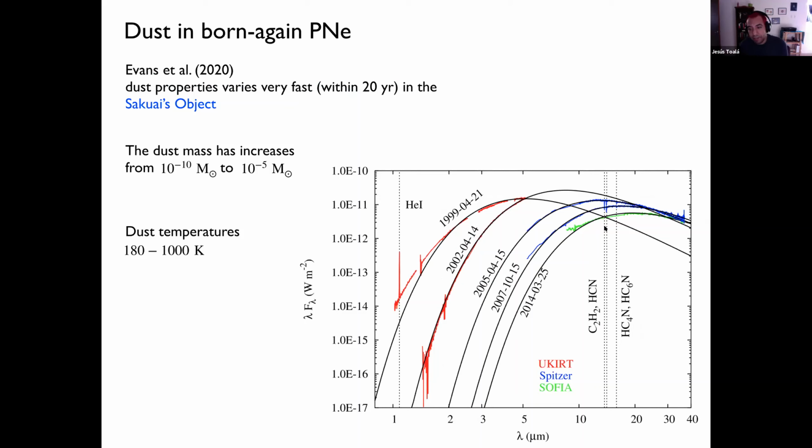Each line is a fit to the observed spectra. You can see that the dust produced because of the formation of this carbon-rich material has changed dramatically. The dust has been increasing from 10 to the minus 10 up to 10 to the minus 5 solar masses, and the temperature has been evolving as well, from about 180 Kelvin to 1000 Kelvin.